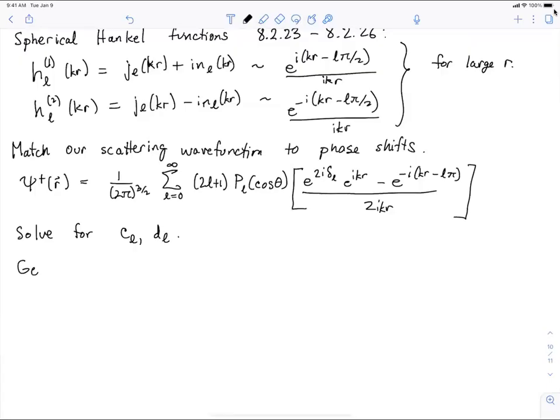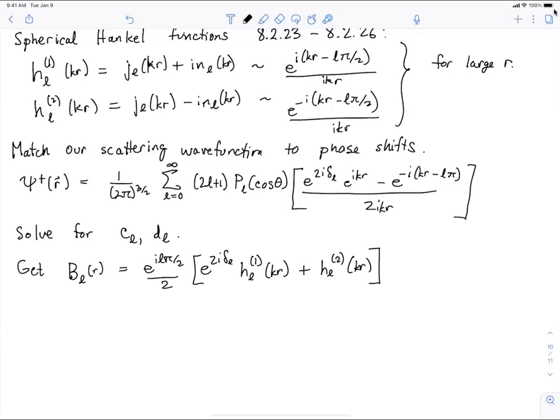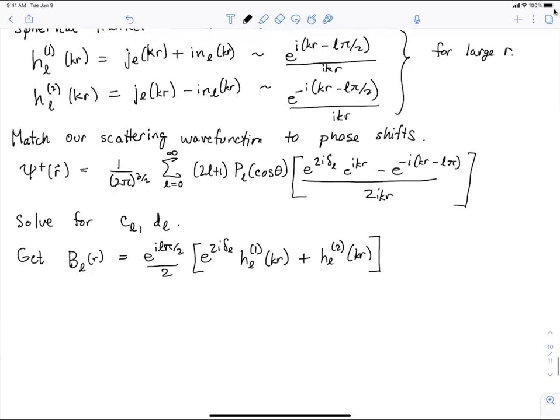And if you do that, I'm just going to write the actual function with the coefficients plugged in. BL of R looks like e to the i L pi over 2 divided by 2 times e to the 2i delta L, the outgoing spherical Hankel function plus the incoming one. Maybe instead of 1 and 2, we should call them out and in, but 1 and 2 is a standard notation, so we have to stick to that.